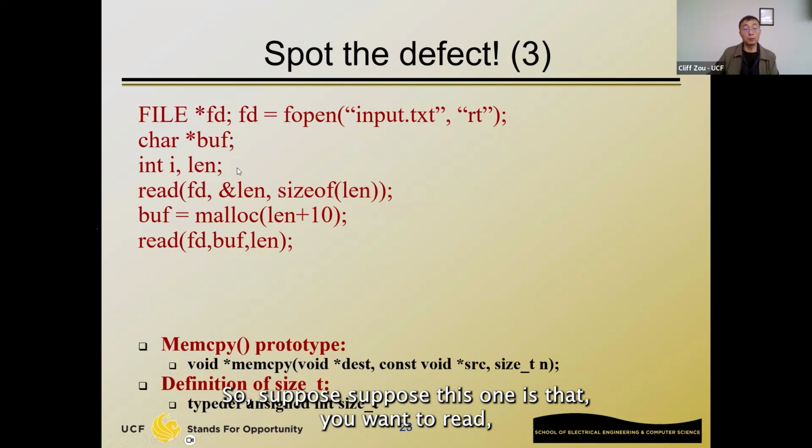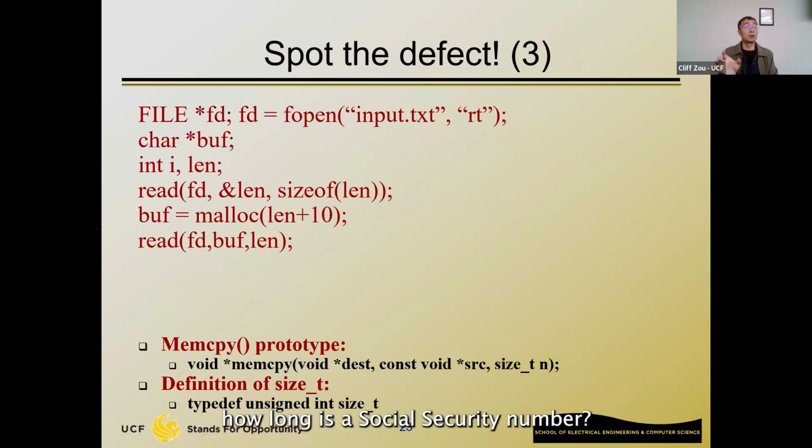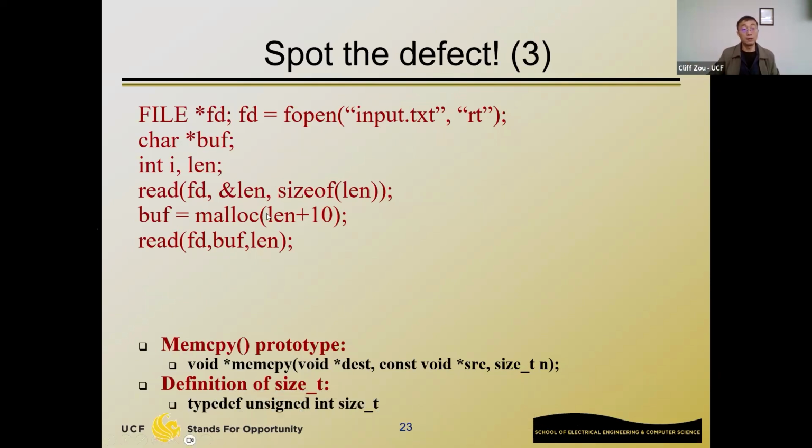So suppose you want to read a social security number in this input file, and this length asks a user to tell the system how long the social security number is. Then we allocate just a little bit more than that to incorporate some abnormal social security number that is longer than the normal one.